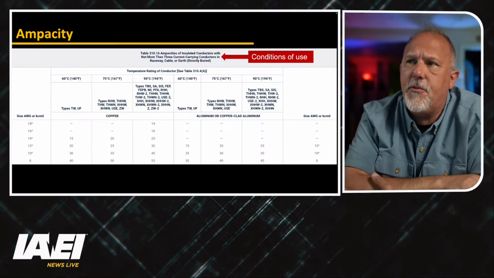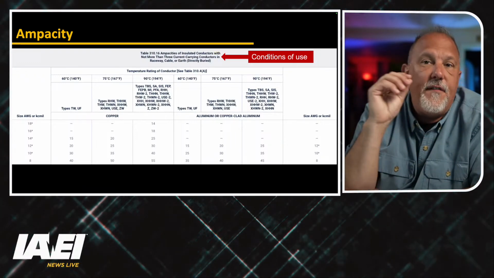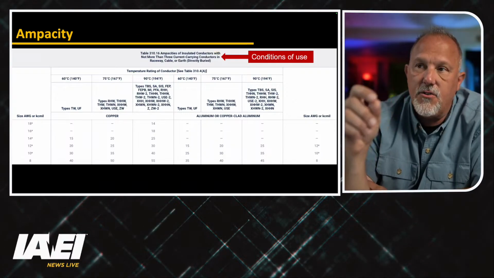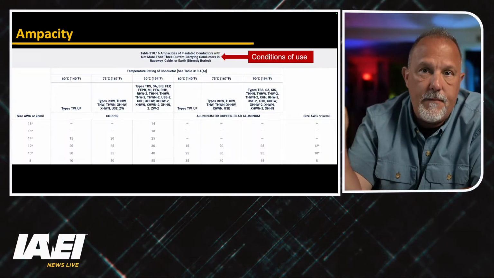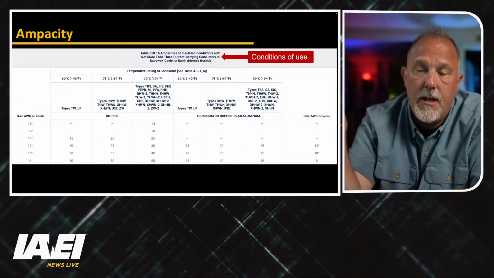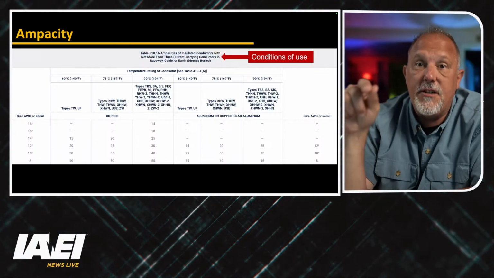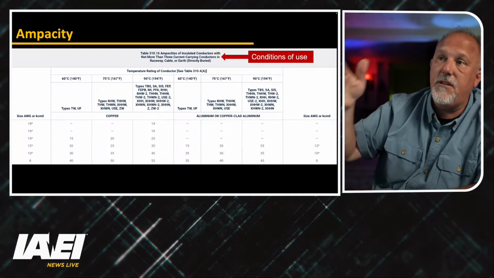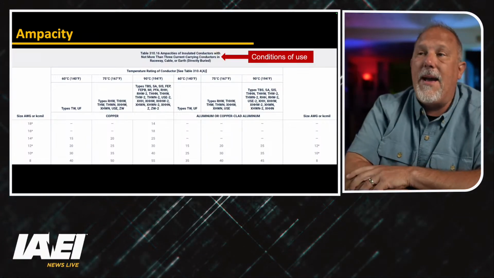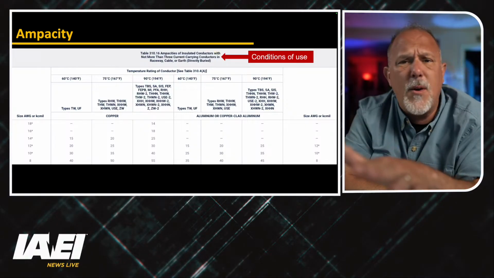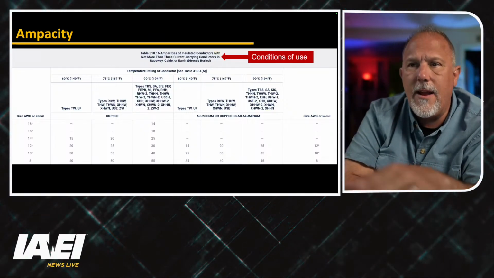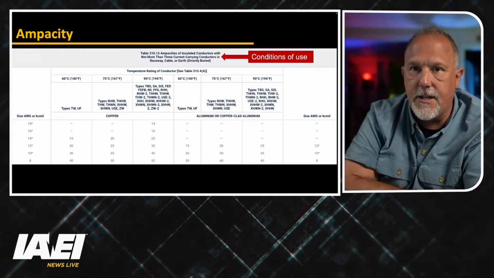So if I look at table 310.16, the very title of the table tells me that the ampacity values that are in this table are based upon a condition of use. And I have an established condition of use for these ampacity values. That's why we say it's not a rating. We don't have an ampacity rating of a conductor.